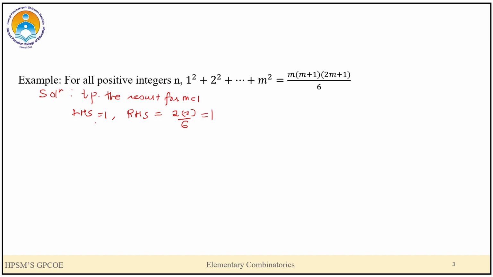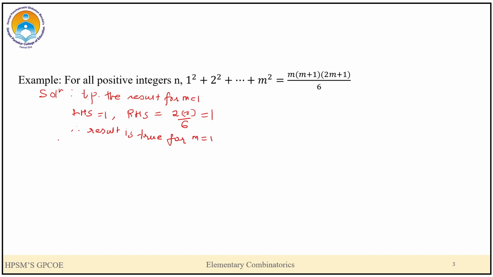So in this case we see left hand side is equal to right hand side, therefore the result is true for m equal to 1. So this is the initial step.